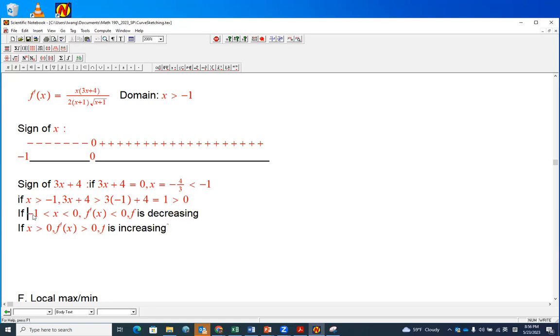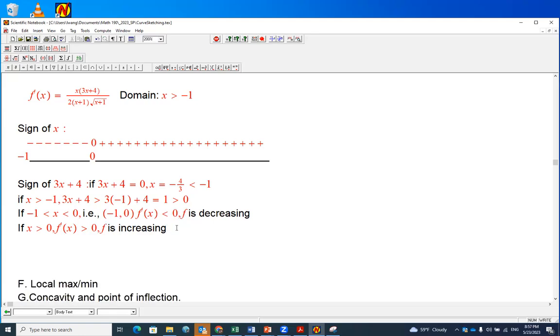The interval from -1 to 0, if you like the interval form, the textbook says to use the interval form, i.e., f is decreasing on that interval and increasing after 0.